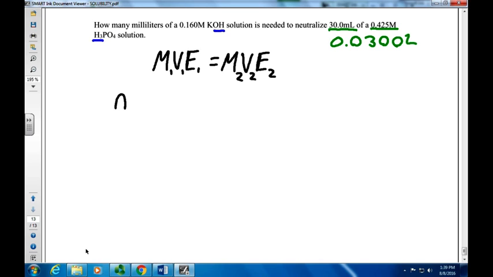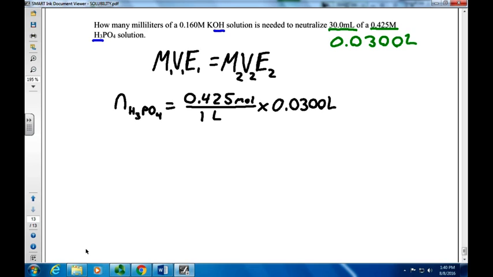So our moles of H3PO4 is equal to 0.425 moles per 1 liter, the same as saying 0.425 molar, multiplied by the 0.0300 liters.